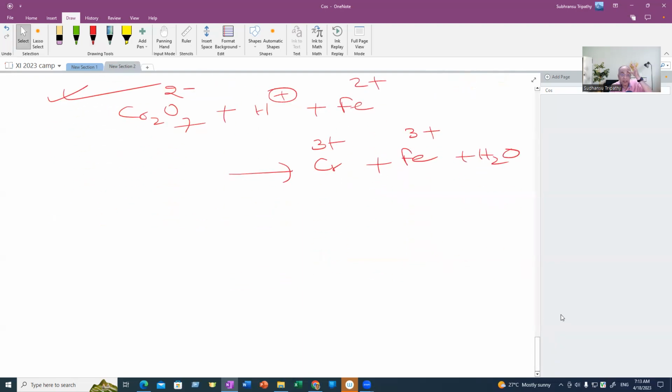So you can balance this ionic equation even by the ON method, but I will not recommend doing so, because here you encounter real charge and fake charge. Unless you use different colored pens, it will be highly confusing whether you are looking at a real charge.